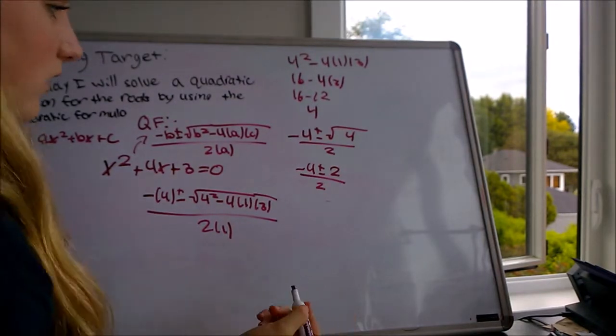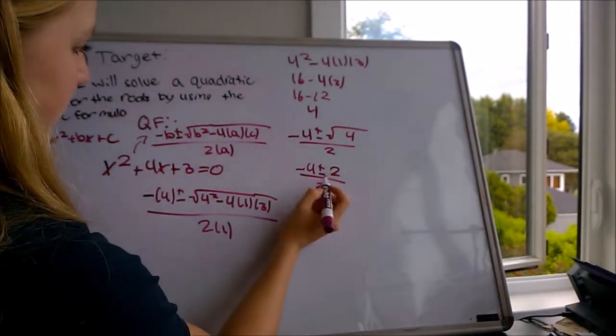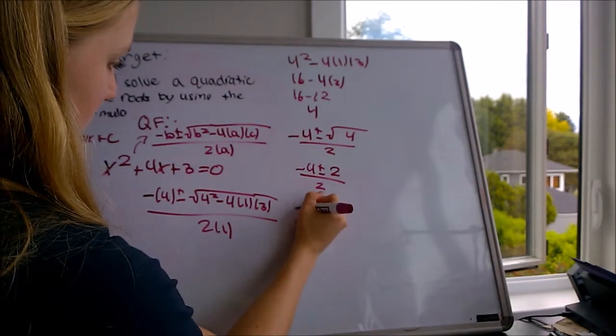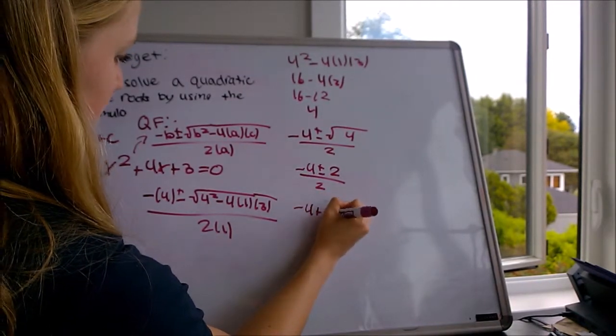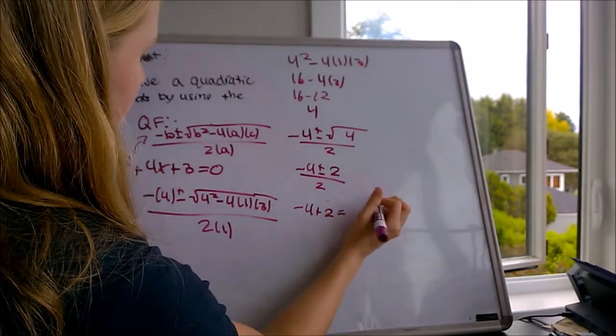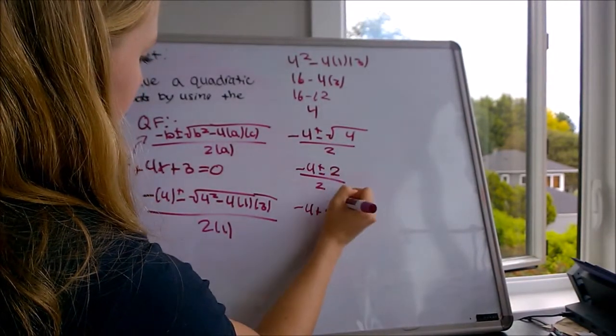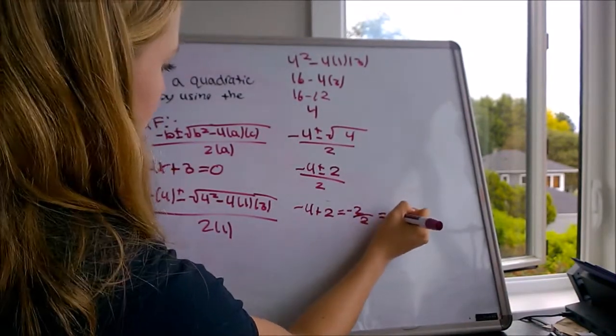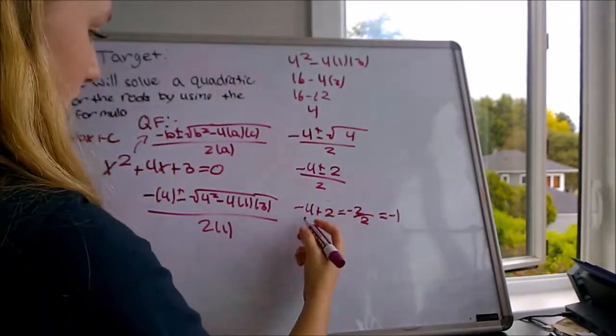Now, to find our final answers, we have to add and subtract since there are two answers. So negative 4 plus 2 equals negative 2, and you have to divide by the denominator. So negative 2 divided by 2 is negative 1.